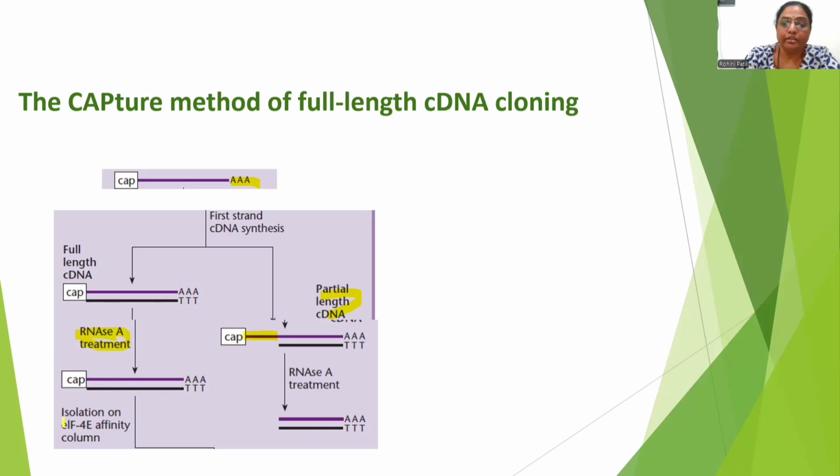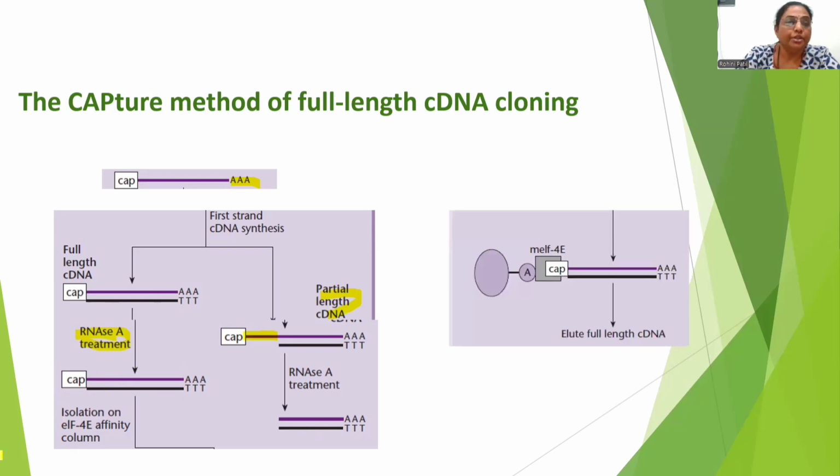Now the second method: EIF4E is an initiation factor in eukaryotes for translation, and this EIF4E has the ability to bind the 5 prime end where there is a cap.